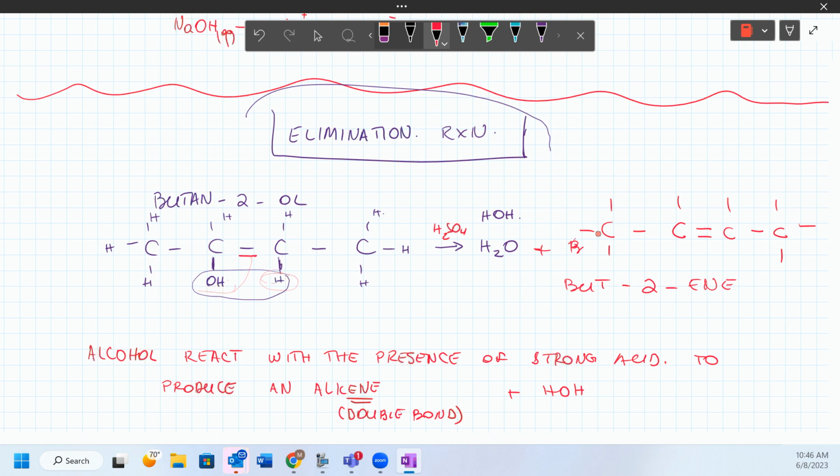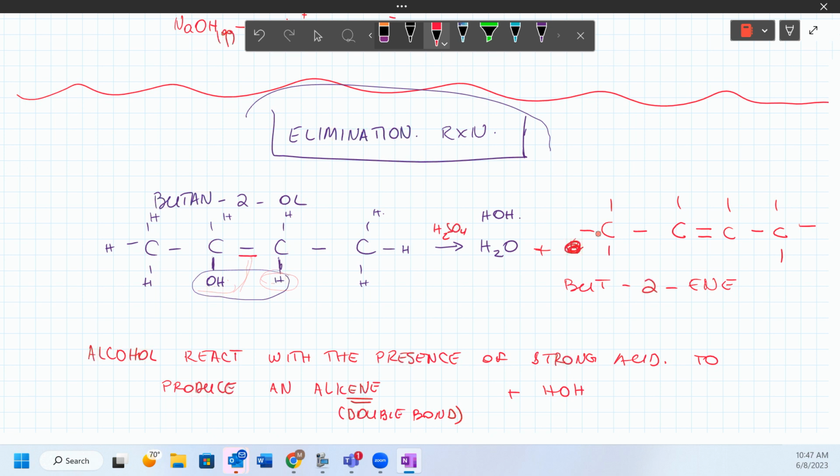Okay, so you may ask a legit question: why is the double bond between carbon 2 and 3, and not between 1 and 2? Because you will form this double bond with the carbon that has more carbon-to-carbon bonds.